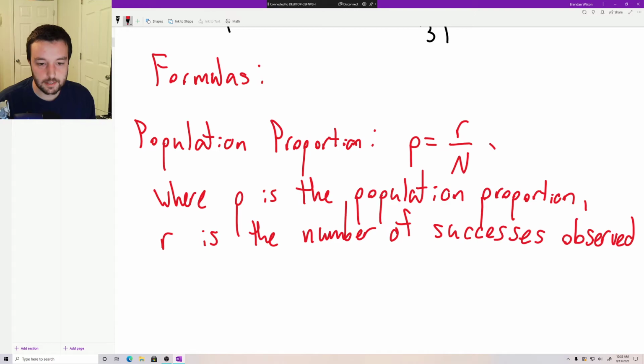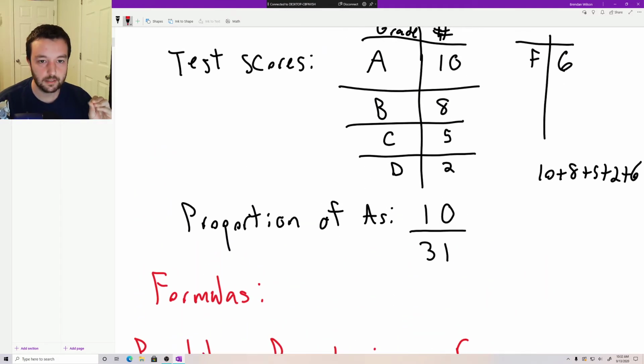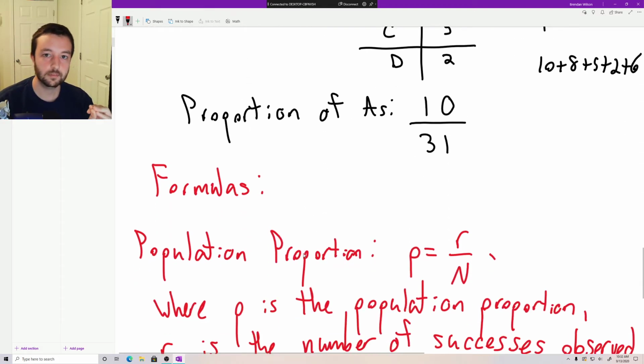So when we say success here, we mean it's counting towards whatever we're calculating. So a success with proportion of A's would be they got an A, right? If we were calculating the proportions of F's, then a success would be that they got an F. So the way we're using success here doesn't necessarily mean the best possible outcome. It means it counts towards whatever we're trying to measure. Okay.